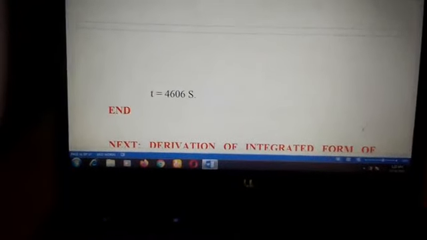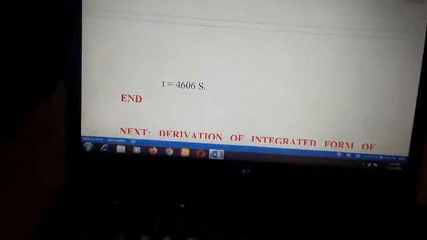So that brings this lecture to an end: the integrated form of first order equation, or integrating the differential form of the first order equation, and the calculations involved in it.